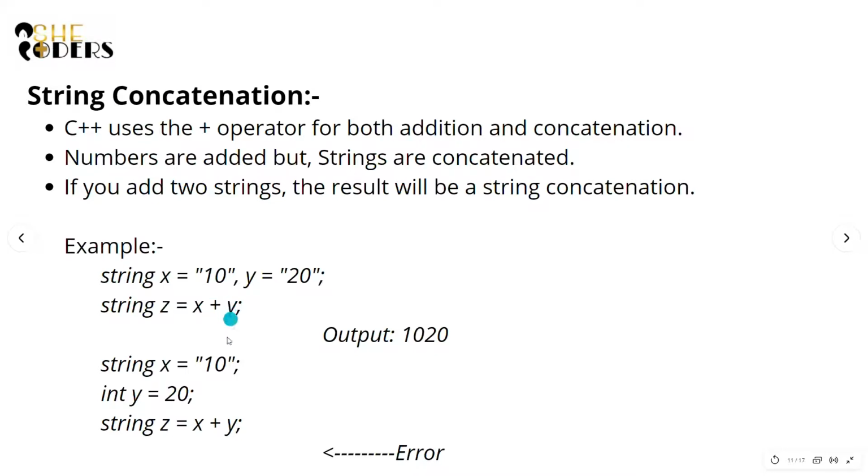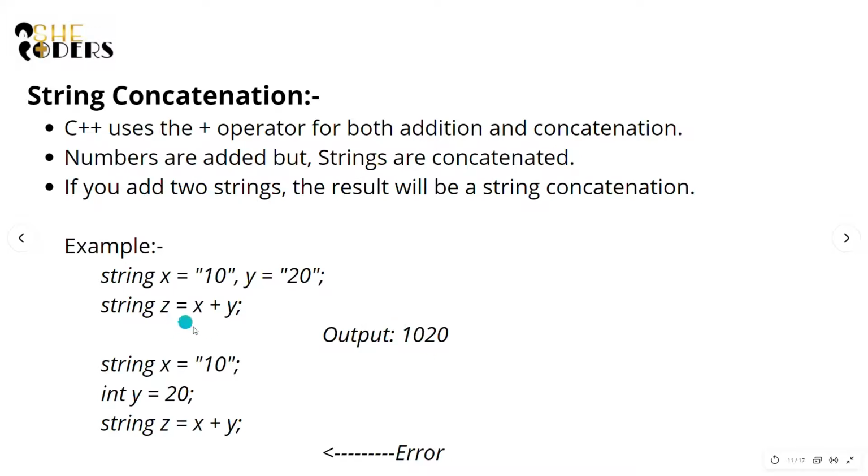So when I write x plus y, store the value in z and ask to show the output z, the output will be 1020. As there is no space at the end of x or in the beginning of y, there is no space between 10 and 20, and you will see the concatenated value in the result string z.